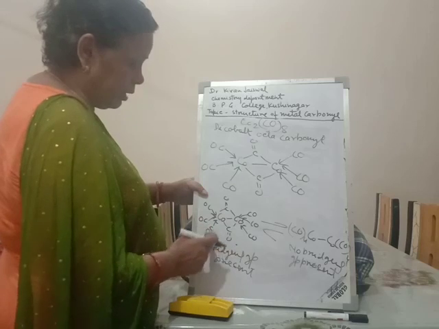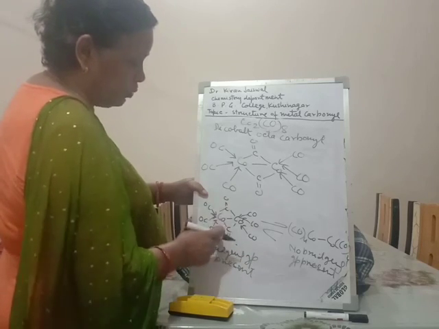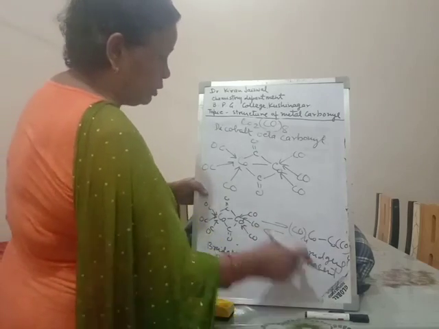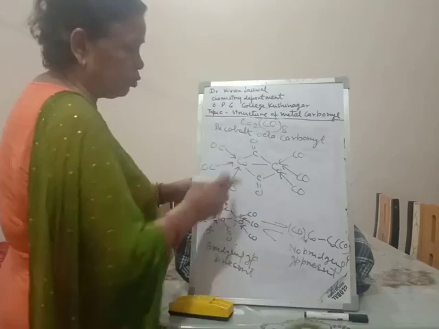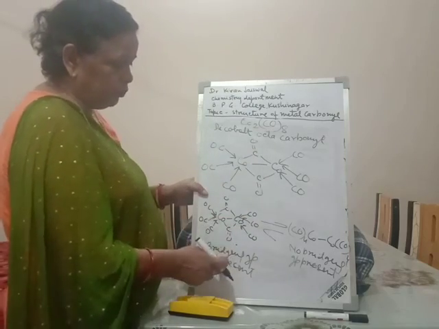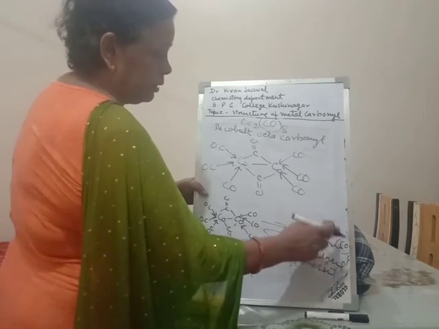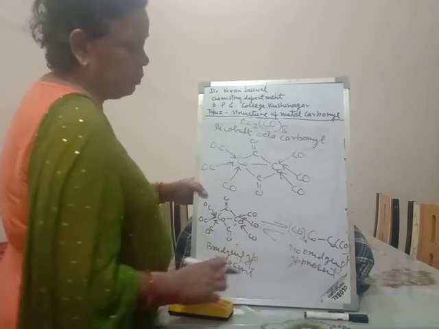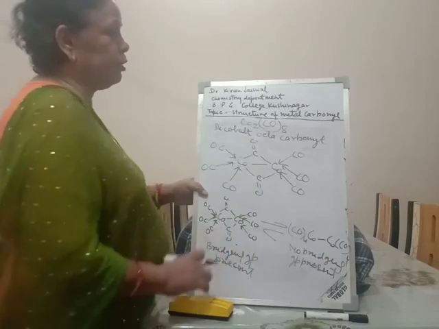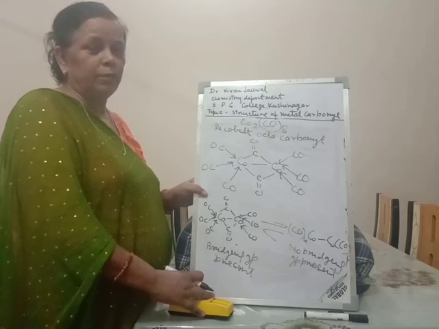This is the terminal carbonyl, and this is the bridging carbonyl. So in the solid state the structure will be this, and in solution the structure will be this. This is the structure of dicobalt octacarbonyl. So this is the structure of the metal carbonyls.